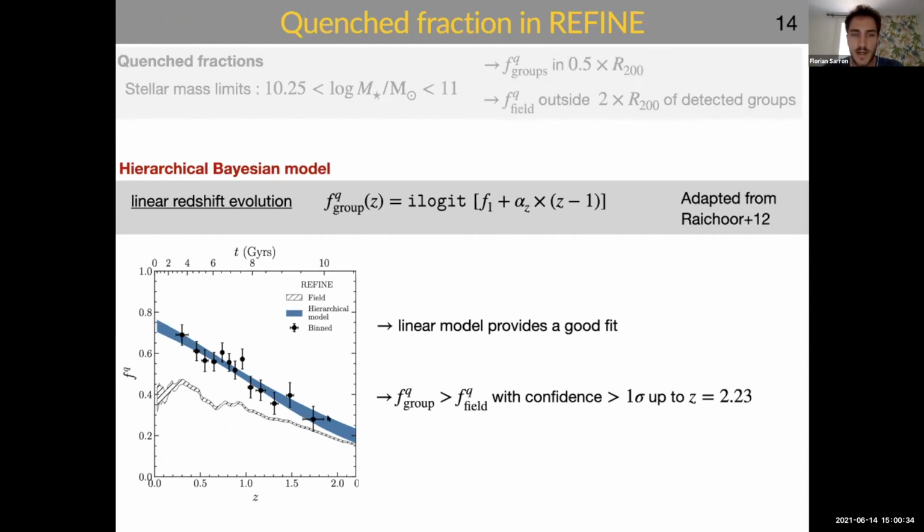You can see that the linear model provides a good fit when comparing to the binned quenched fraction, and that the group quenched fraction is higher than in the field up to redshift 2.3 if we take a 1 sigma confidence, and a bit less at 2 sigma confidence. And so the difference between group and field increases with lower redshift.